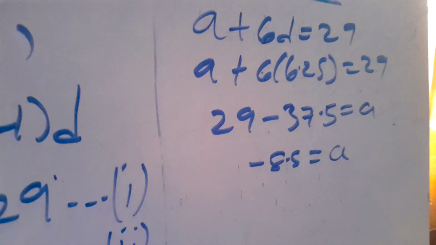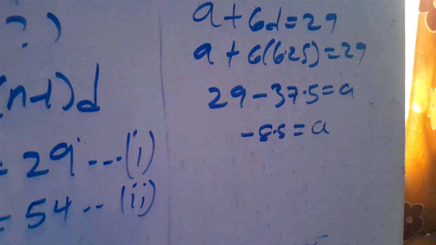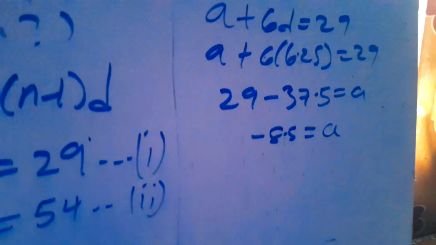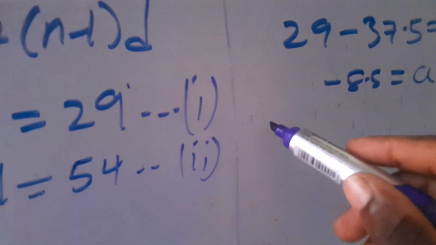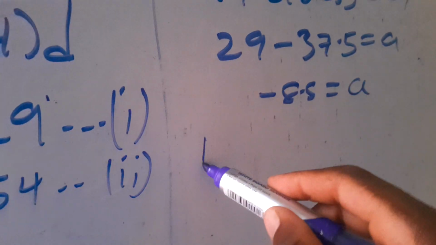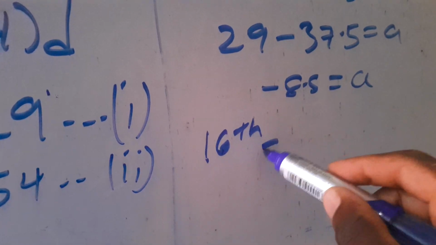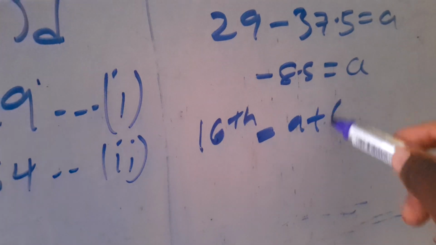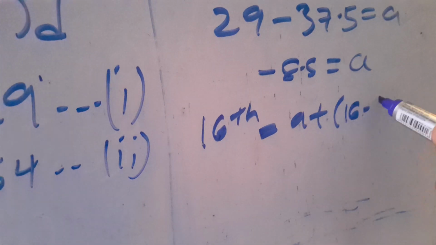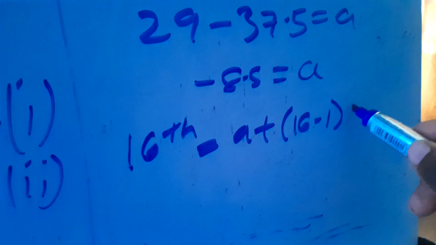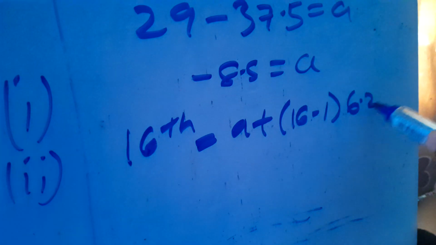Now that we have D and A, we can look for the 16th term. We will say the 16th term is equal to A plus n minus 1 times D, where n is 16. Our D is 6.25.